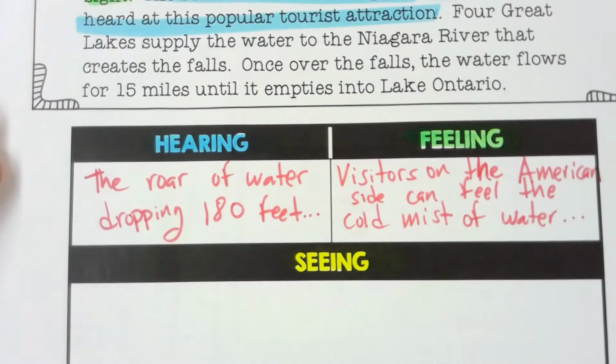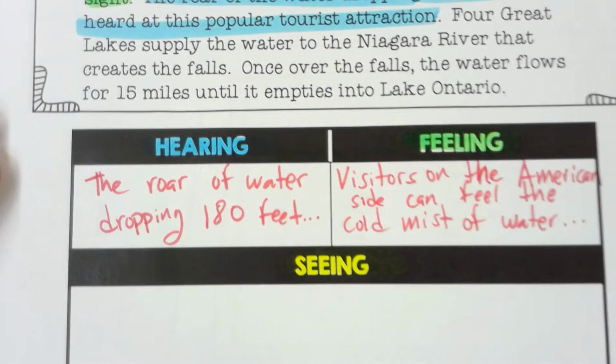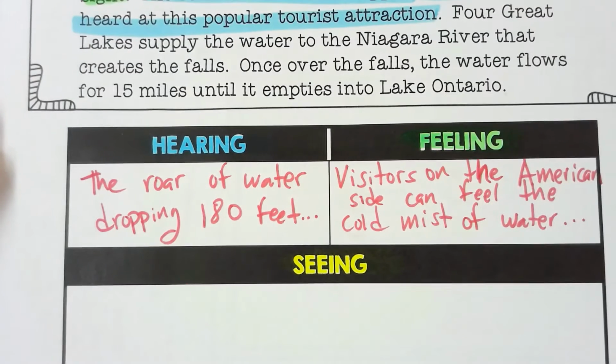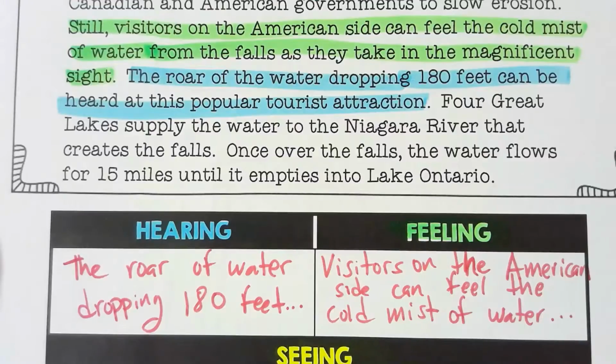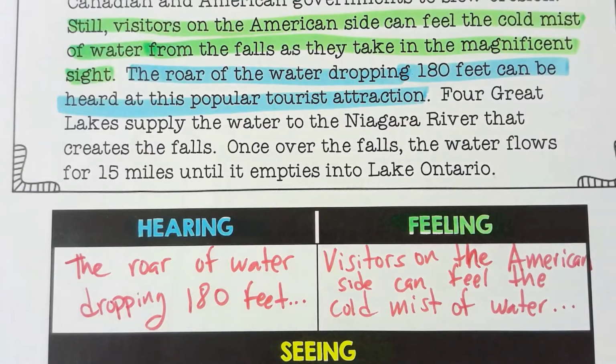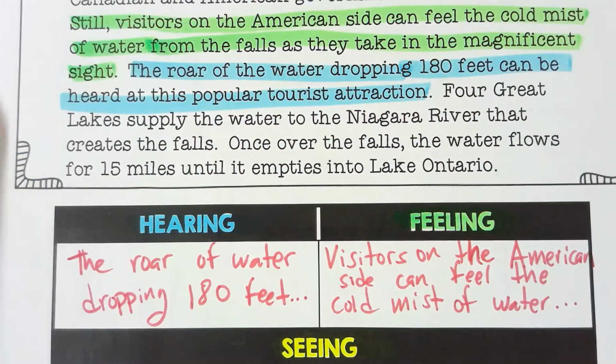So please make sure to go at your own pace. Now, if you're done, please get your yellow highlighter, and I want you to find the descriptive detail from the passage that uses the sense of seeing, of sight. Please get your yellow highlighter, and we're actually going to circle 180 feet.